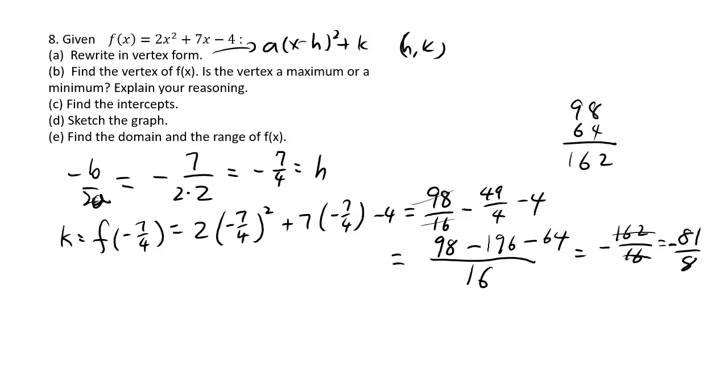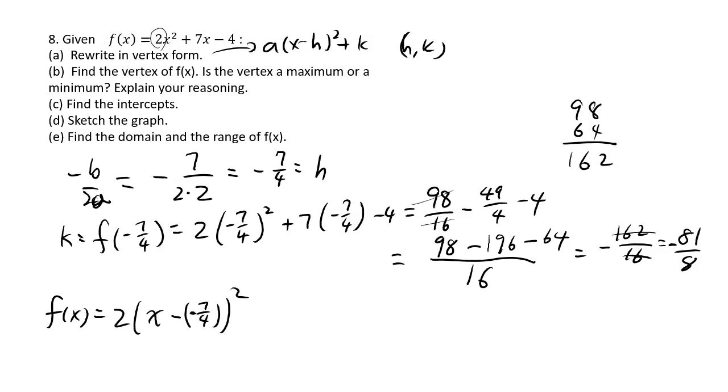And then all you have to do is, since a is the same thing as the a in the standard form, plug these values into the vertex form. So vertex form will be f of x equal to 2 times (x minus negative 7 over 4) squared. Be careful, there's a minus there, so you have to put a minus there.